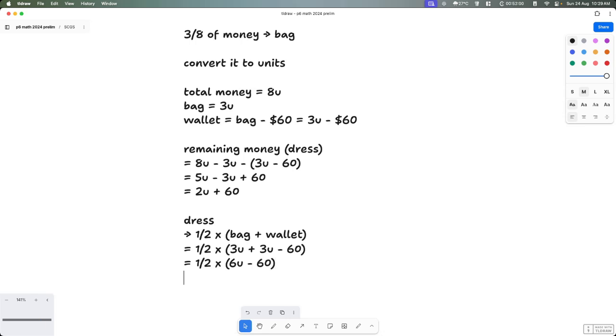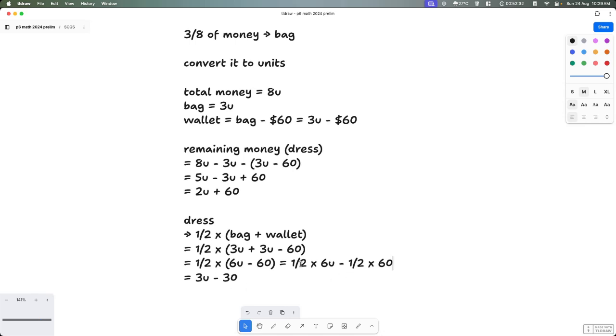Okay, so then this will be half times 6 units minus 60, which is equal to 3 units minus 30. This is basically half times 6 units minus half times 60.